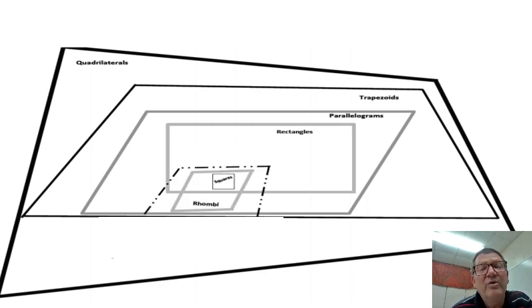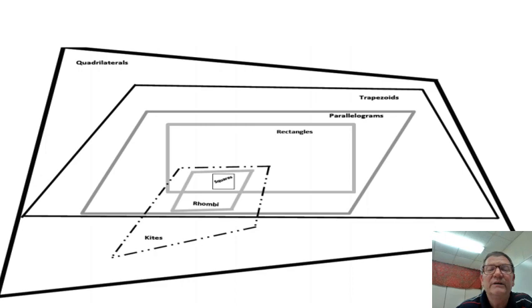But the rhombus is actually outside, though a square can be a rhombus. And the last thing you're going to see is a kite. The kite is in there with dashed lines because a kite includes squares and rhombuses, but it's not including anything else.